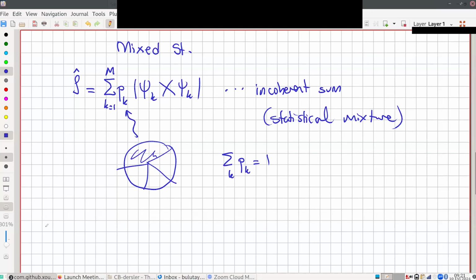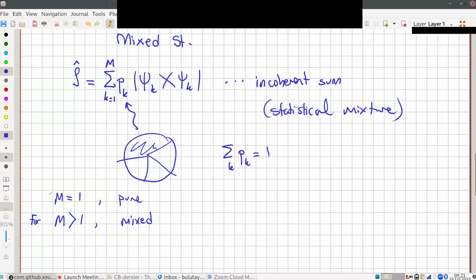If this m is larger than 1, that means you have a mixture. So for this, we have a mixed state. If you have only a single summation, then p has to be 1. Then it's a pure state. So m equal to 1 is a pure state, otherwise a mixed state.